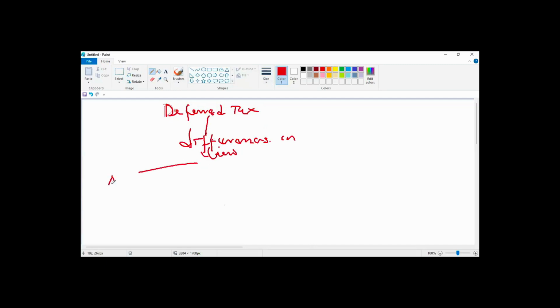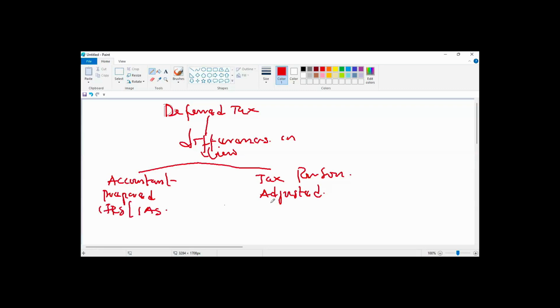Accountants who prepare the accounts and the tax person. Accountants prepare the accounts, while the tax person will adjust the accounts. He doesn't prepare accounts. The accountant will prepare using IFRS and IAS, while the tax person will adjust the account using tax law.